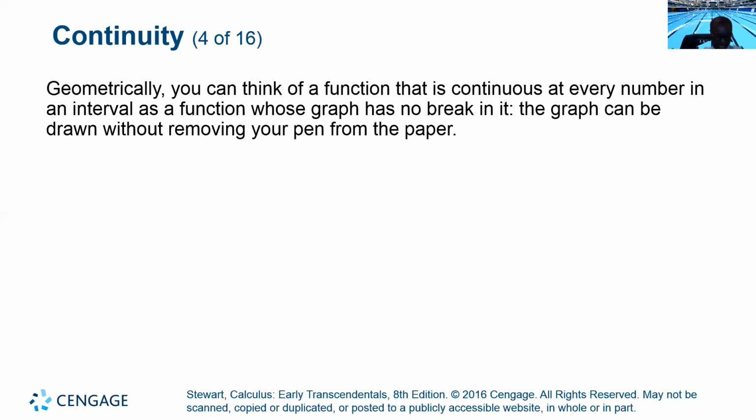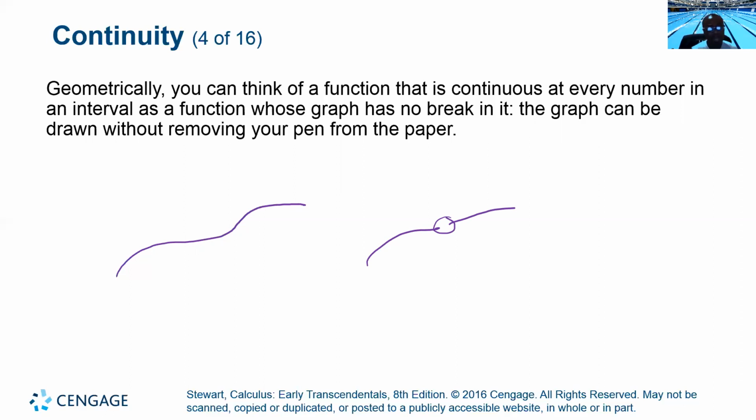If I'm drawing a curve like this without removing my hand, then we say that is continuous. But if I'm drawing a curve, once I take my hand and jump, there's a discontinuity at this point. So you think of a function that is continuous at every number in an interval as a function whose graph has no break in it.